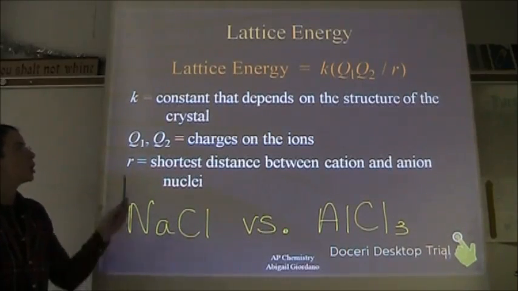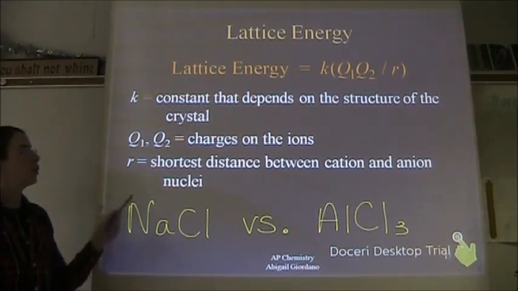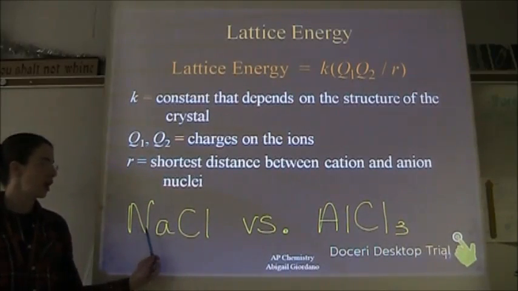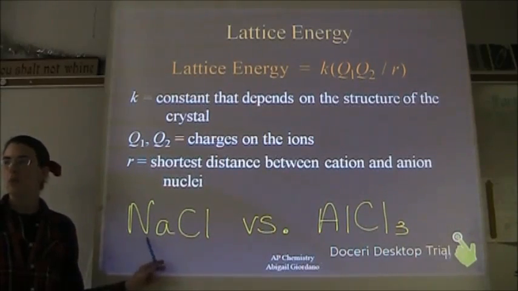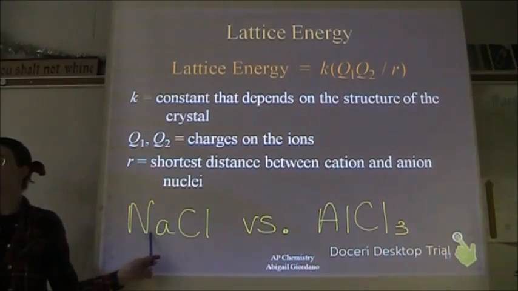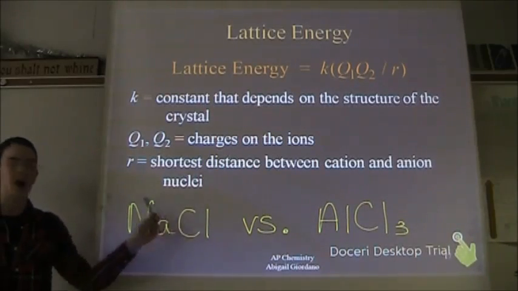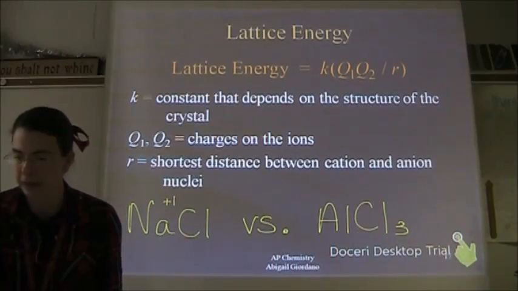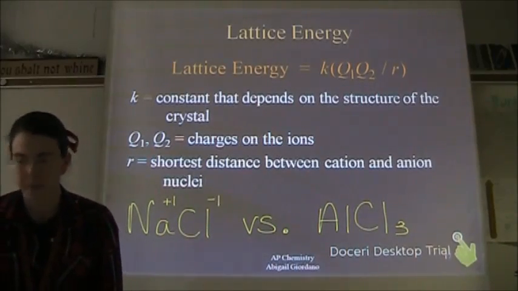Okay? Q1 and Q2, guys, those are the charges of the ions. Would you tell me, please, what is the charge of sodium when it's within a compound? Okay, +1. How about chlorine? -1.